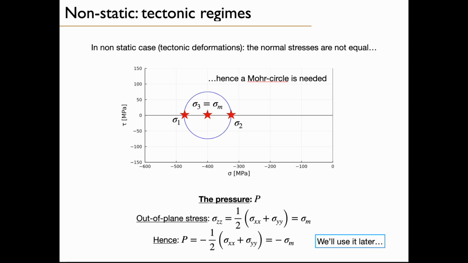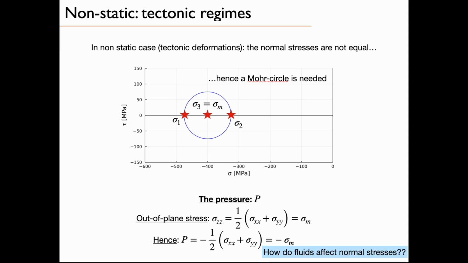Then we have this definition. Now, when sigma zz is equal to the mean stress, one can also define the pressure. The pressure is minus 1/2 of sigma xx plus sigma yy. It's minus the mean stress. So we also keep these definitions at hand for later use.